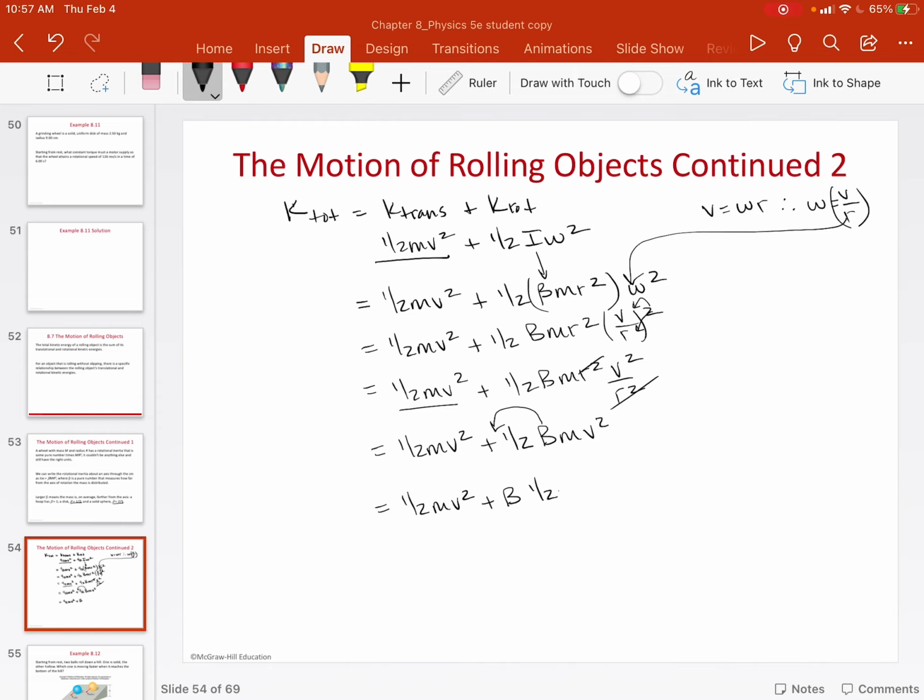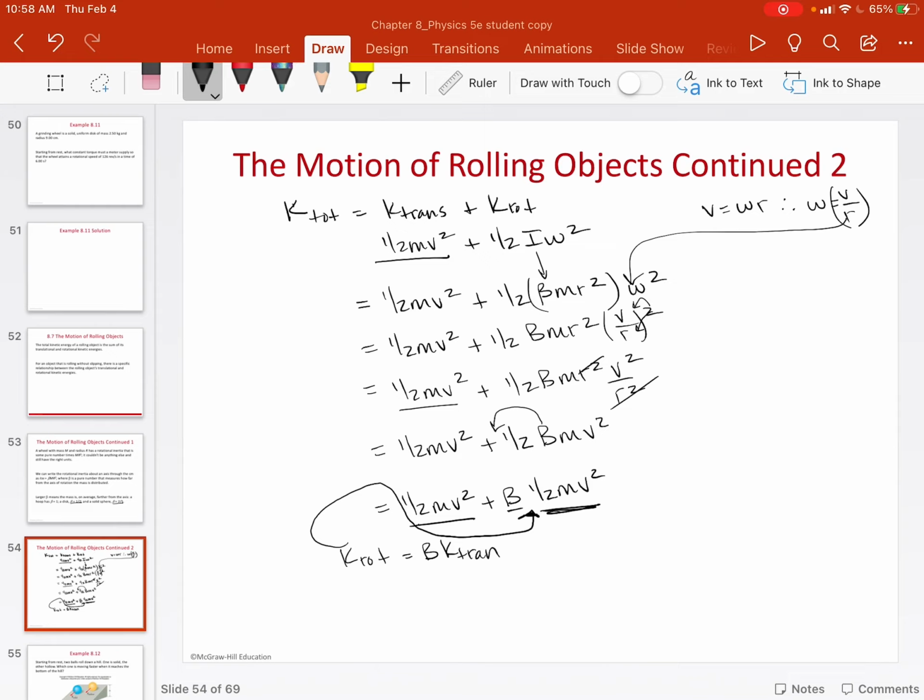If you take that beta and put it out in front, it's like these two equations are the exact same. So you could say that rotational kinetic energy is just beta times translational kinetic energy, because this is the beta and this is the same thing as translational.